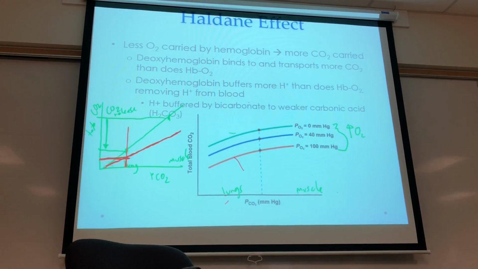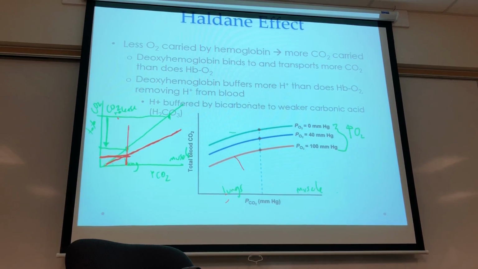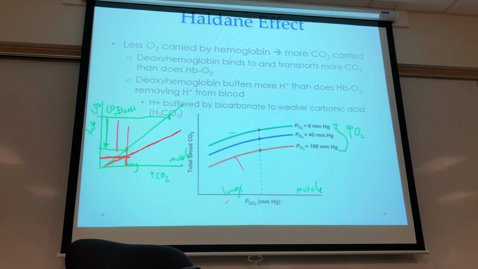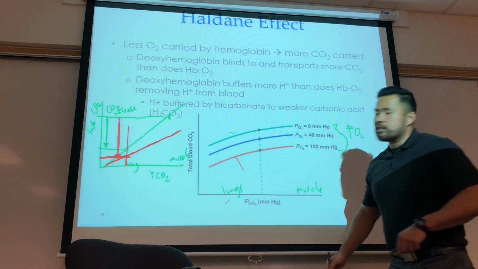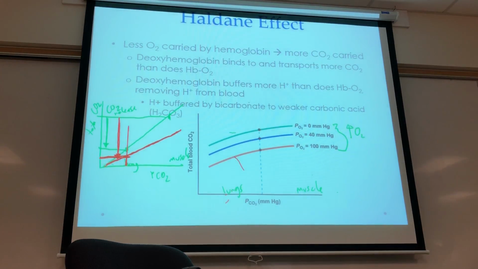So we're going from back over here at a PO2 of 100 all the way down over here. We get excess CO2 release. So this extra CO2 release that happens in the lung is the Haldane effect.